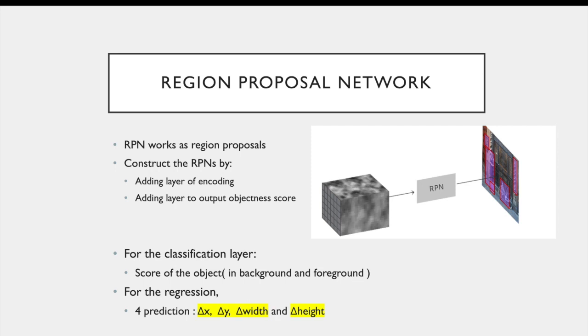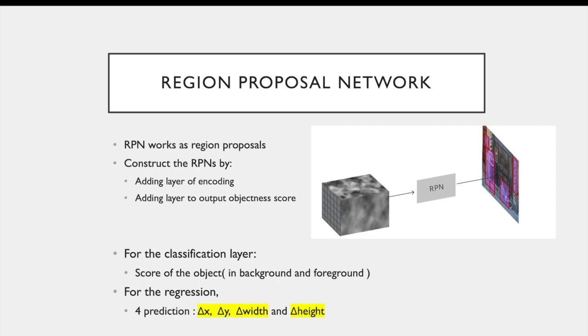For the classification layer, we output 2 prediction scores per anchor, one prediction score being the background and the other being the foreground, aka the actual object. For the regression, we output 4 predictions: the delta x, y, width, and height.